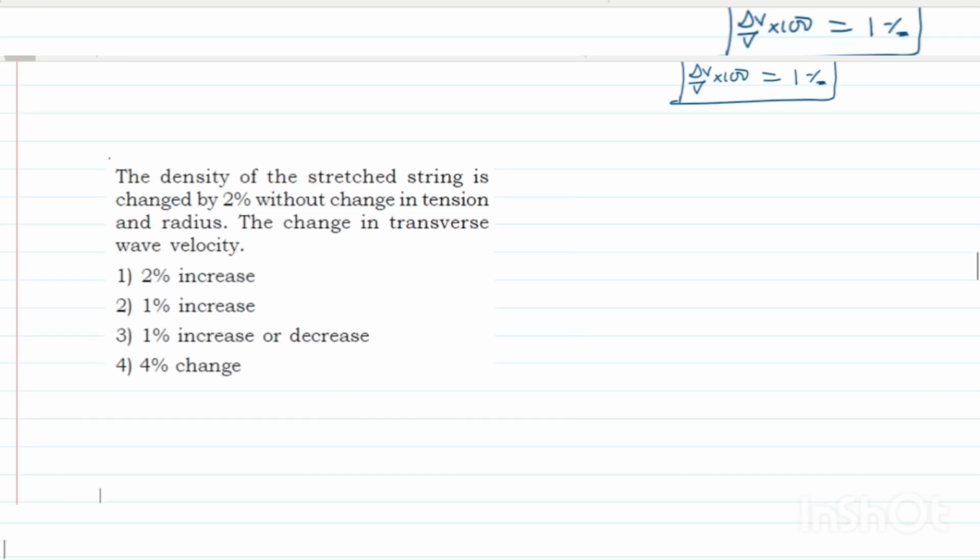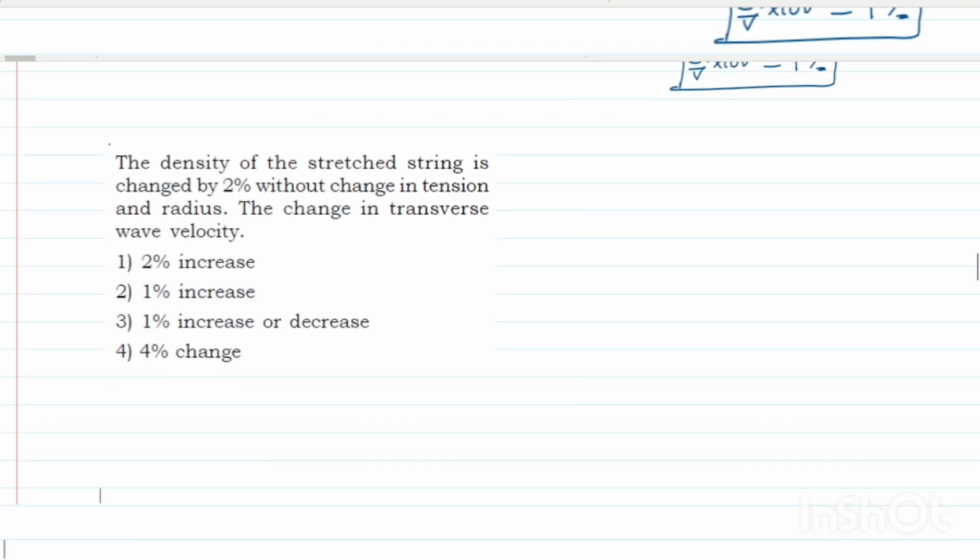Let us see the next question, students. The density of the stretched string is changed by 2%, without changing the tension as well as the radius. They are asking the change in the transverse wave velocity. So density alone is going to change. The velocity of the transverse wave is v equals root over T by mu.